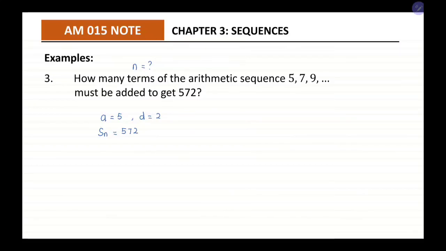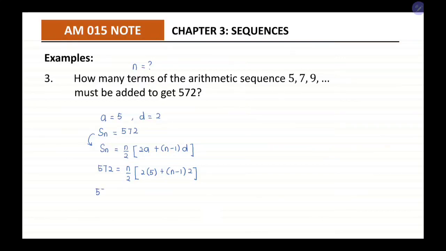Okay. We use the formula for Sn. Sn is n over 2, (2a plus (n minus 1) d). Okay, 572 equals n over 2. We substitute the values for a, 5, and d, 2.